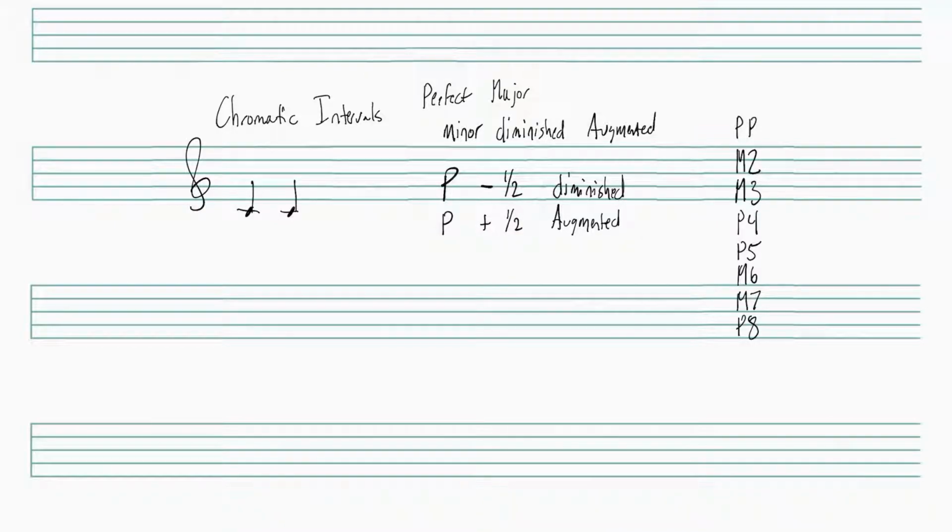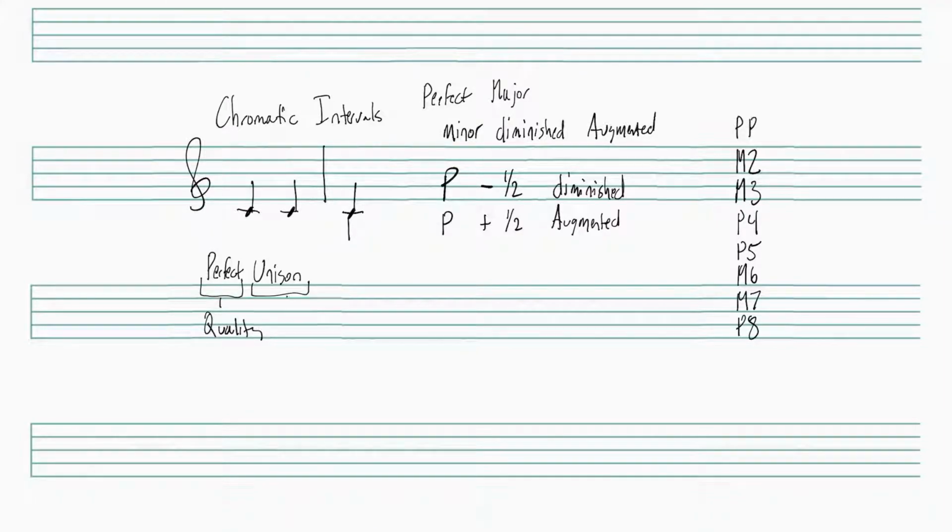So let's take the C, for example, the unison. So we have two C's, or if we were writing this to where the C's would be sounding at the same time, two C's. Now, this is that perfect unison or perfect prime. The thing to remember about intervals is the first word when we're naming an interval refers to quality.